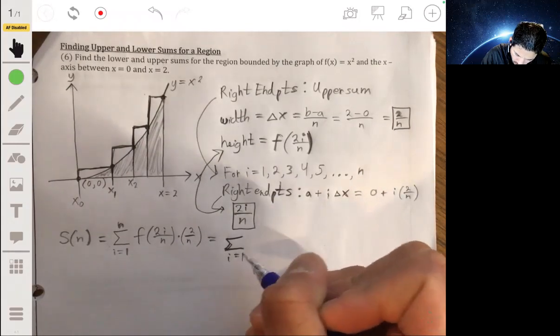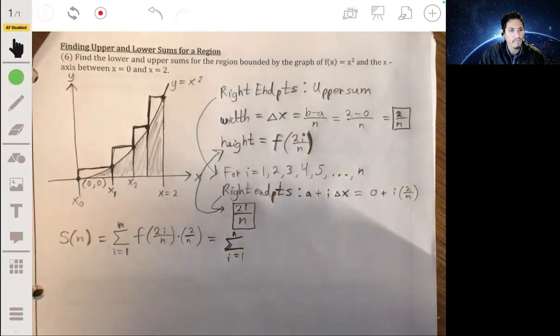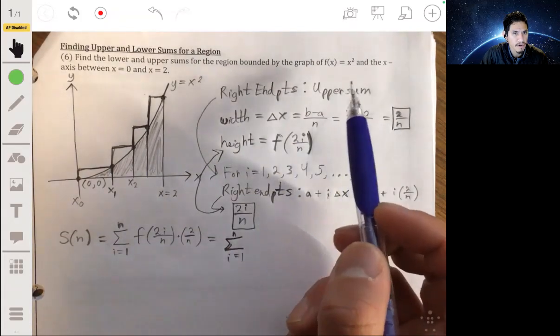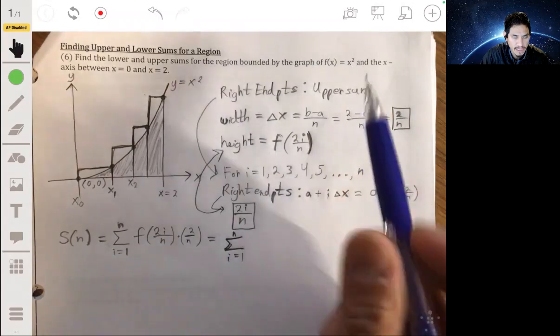Working this out from i equals 1 to n. The function is, remember, x squared. So what we're going to have here is we're going to put 2i over n in for x.